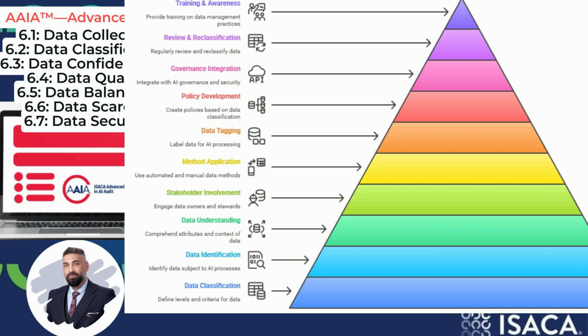Classifying data based on specific regulatory requirements, such as GDPR subject data, HIPAA data, PCI DSS data, etc. AI-specific classification. It's also useful to classify data based on its role in the AI lifecycle, such as training data, validation data, and test data, as these may have different handling and quality requirements.